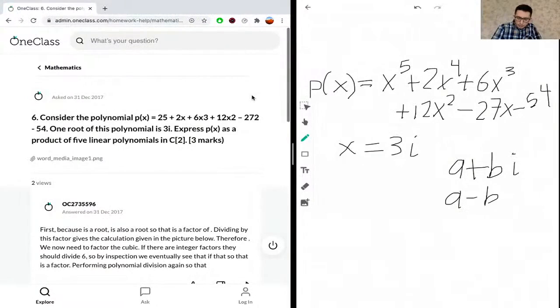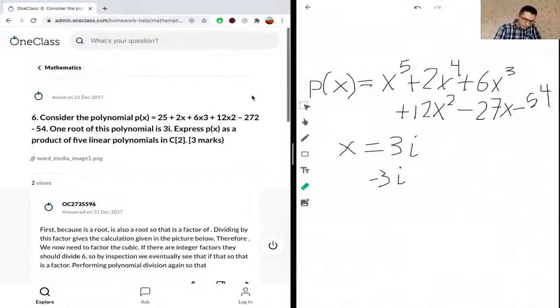So in this scenario, we know that the conjugate of 3i is negative 3i. So actually, the question helps us infer two roots of this polynomial.